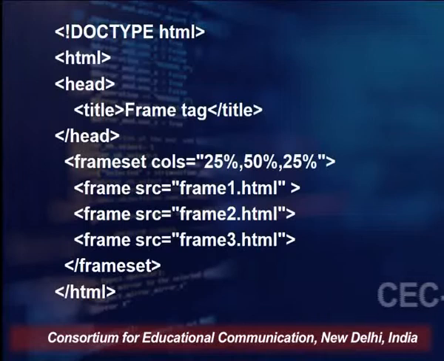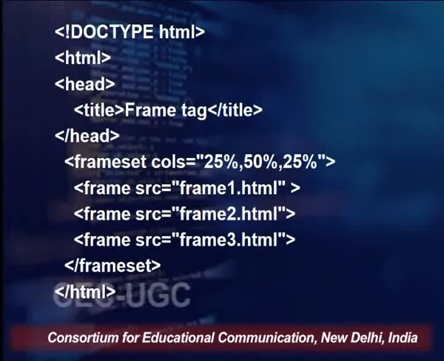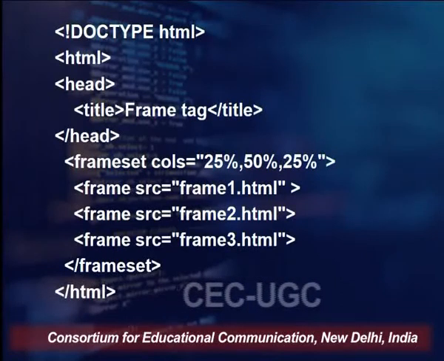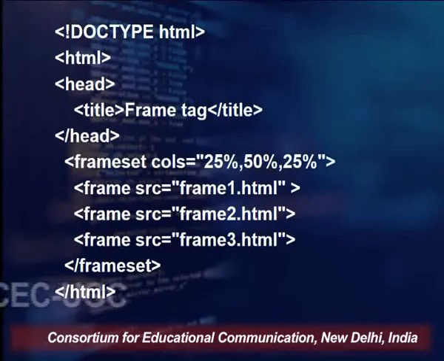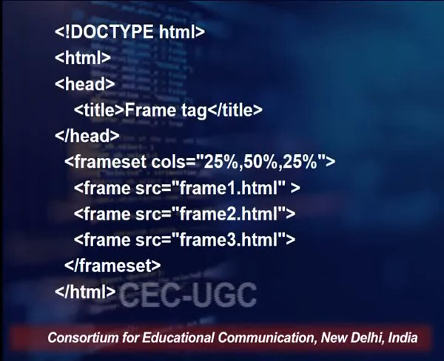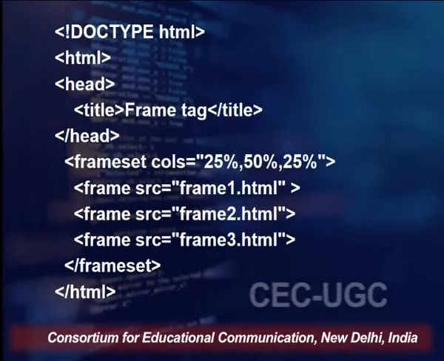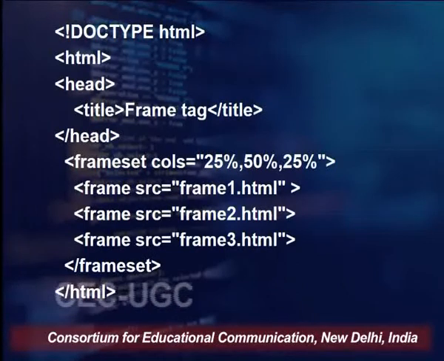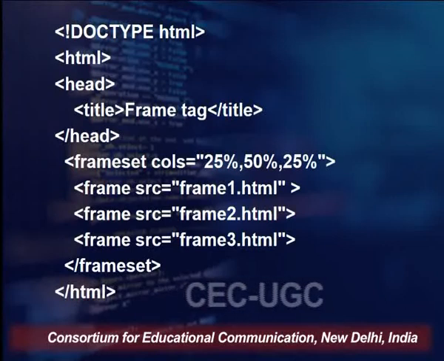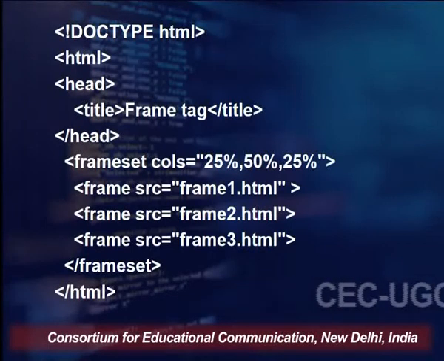So let us try to explore this one more time. Frameset columns equals 25%, 50%, 25%, separated by commas. Then frame src equals frame1.html, frame src equals frame2.html and frame src equals frame3.html, along with the frameset closed. Now first of all let us explore frame1, frame2 and frame3.